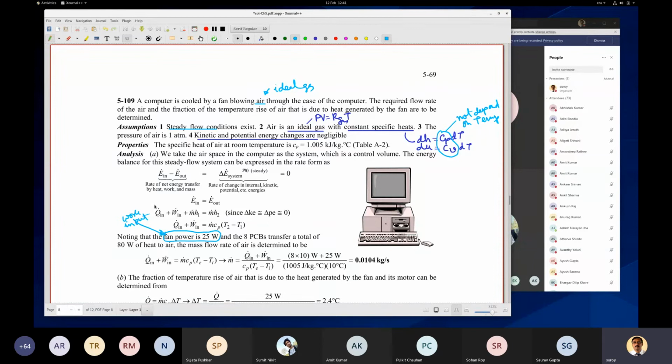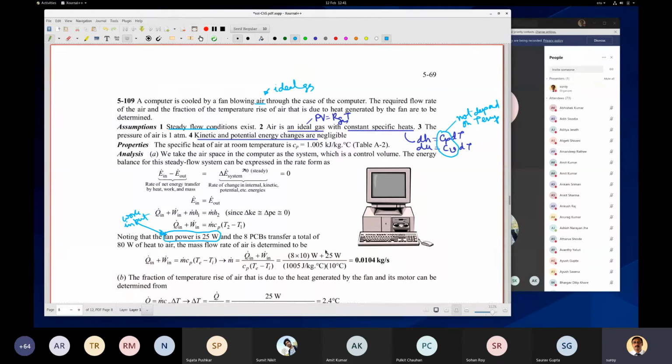It is driven by a motor, so it is like work input. That is also contributing to work, so when you analyze, you also have to consider that 25 kilowatt. That is why you have to add it up.